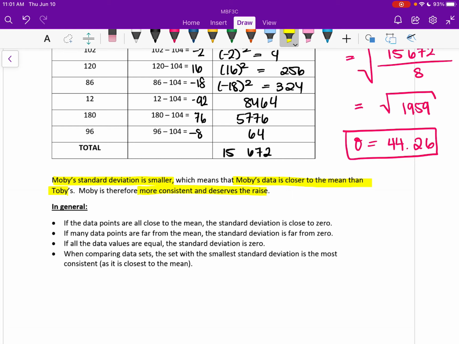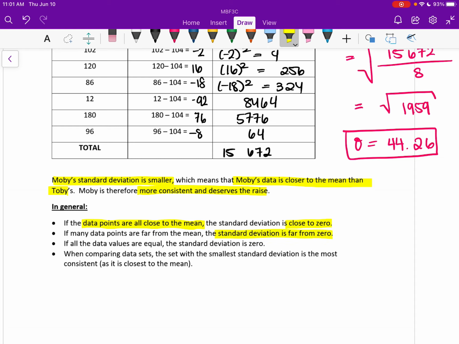When you're looking at standard deviation, the closer the data points are to the mean, the closer the standard deviation is to 0. So if the data points are further away from the mean, which means they're more distributed away from the center of that graph, right, then that standard deviation is far from 0.